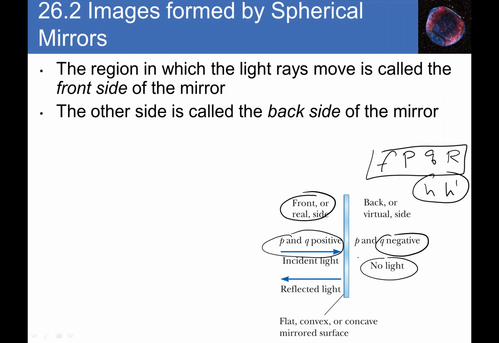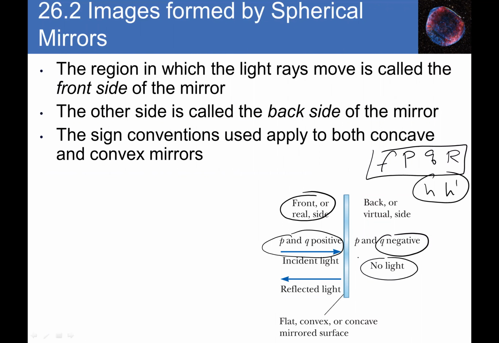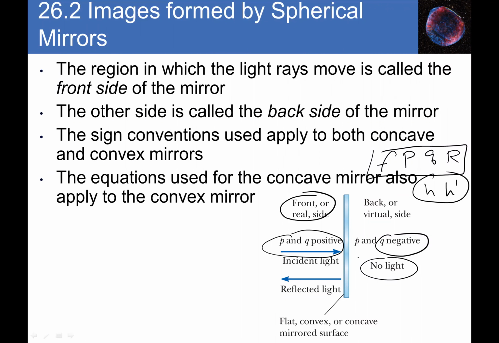So that's kind of what we have. Sign convention is important to understand, because we always have positive or negative for the image position, depending on whether it's in front or in the back. So technically, if the image is real, then Q here is positive.